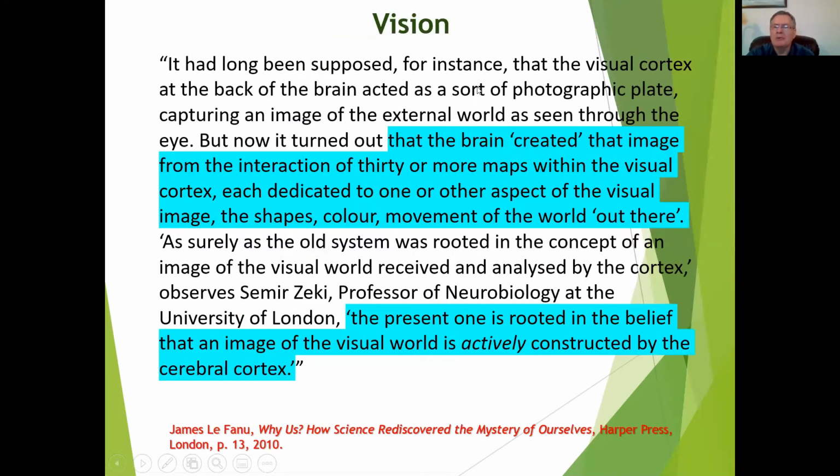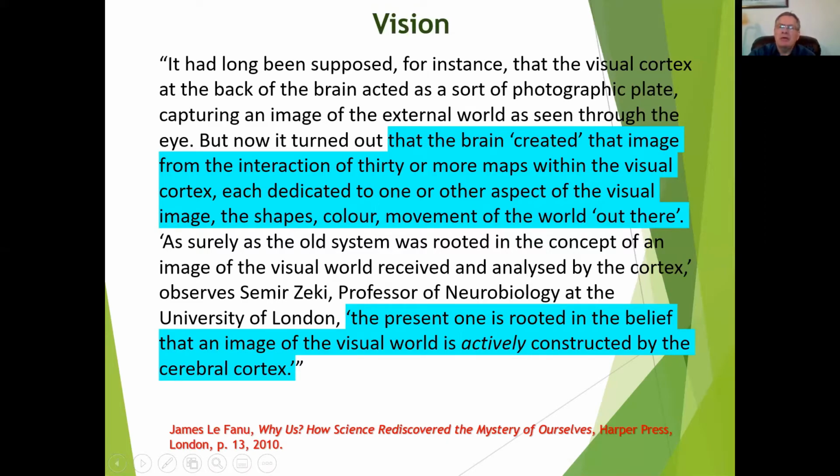Now, concerning vision, consider the above statement by the international award-winning author James Le Fanu, and I'll try to speed things up by reading the highlighted parts. But it now turned out that the brain created that image from the interaction of 30 or more maps within the visual cortex, each dedicated to one or the other aspect of visual image, the shapes, color, movement of the world out there.